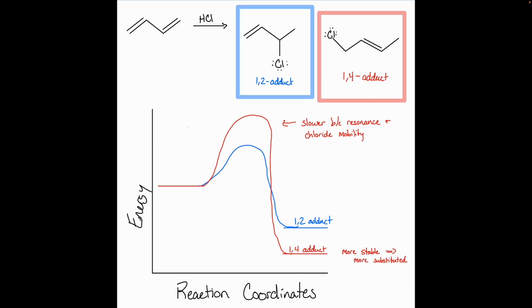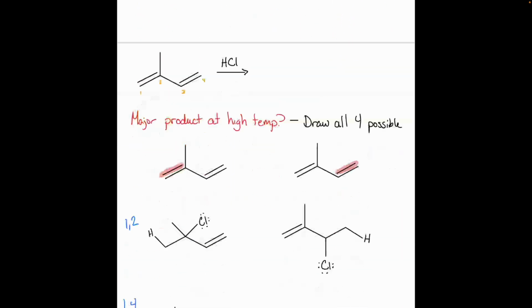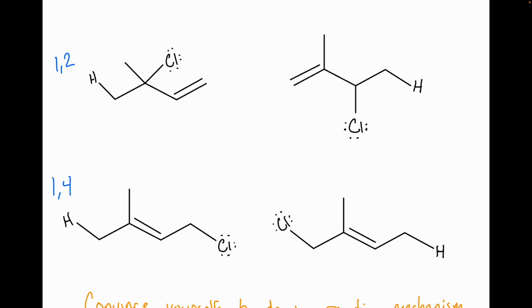More substituted means more stable. If I look, this one's mono-substituted, and this one's di-substituted. So more substituted means more stable. So we have to go through and categorize these as either mono, di, tri, or tetra-substituted so we can figure out which one's going to be our more stable molecule, aka our major product at high temperatures.